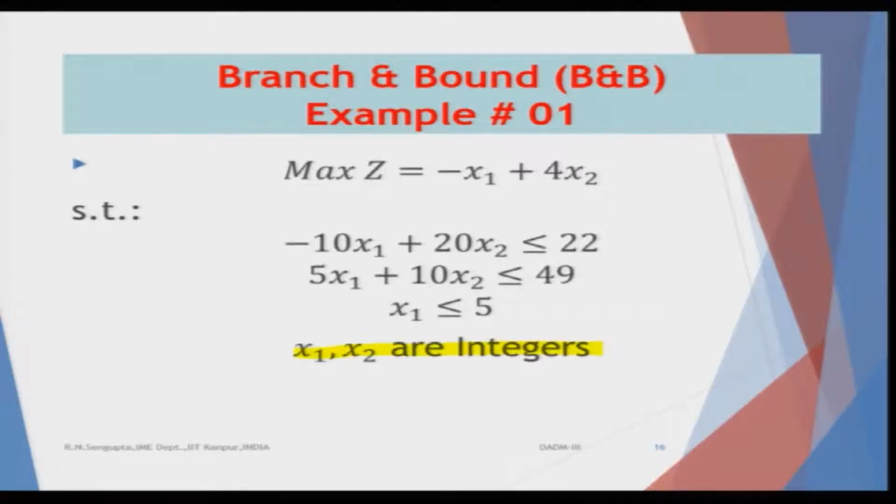So, x1, if we solve the problem using integer programming, would have values 0, 1, 2, 3, 4, 5, and x2 can be 0, 1, 2, 3, 4, 5 and continue till infinity, but they are all integers. That is point 1.